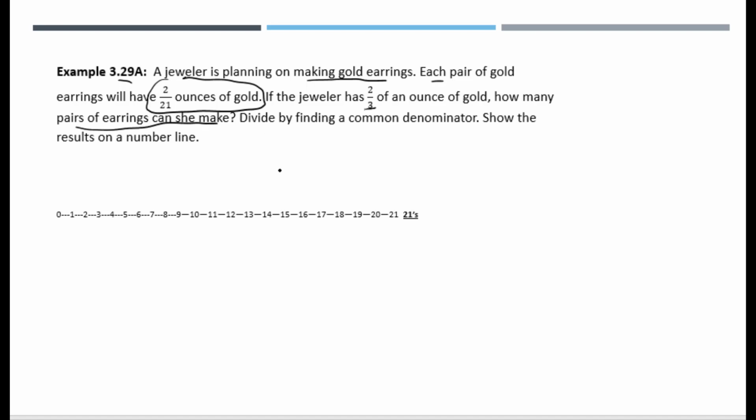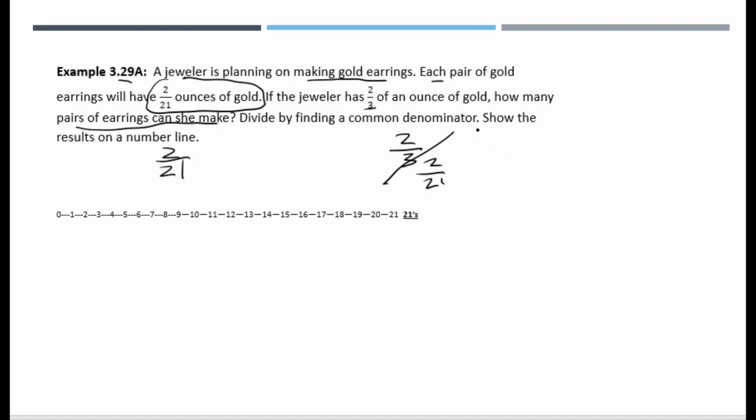Well, you could do this in one step later, but let's do it this way, okay? We know that each pair uses 2/21s, and we have 2/3 of an ounce. So really you want to take 2/3 and divide it into 2/21s.